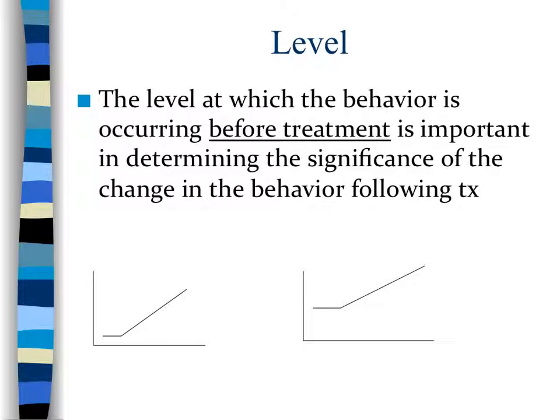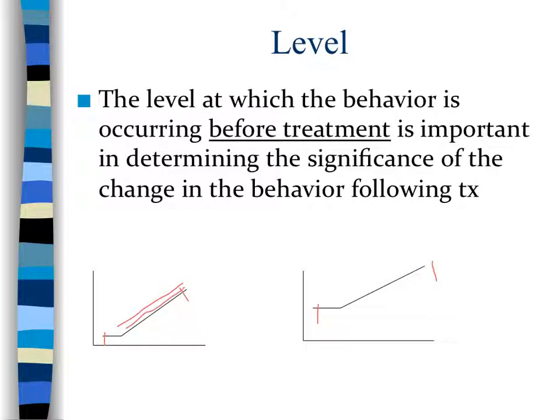The next is level. The level at which the behavior is occurring before treatment is important in determining the significance of the change in the behavior following treatment. So once again, we look at this point and compare it to this point and this point to this point, and what we find is that the level here is much lower, but the change indicates it's much steeper.